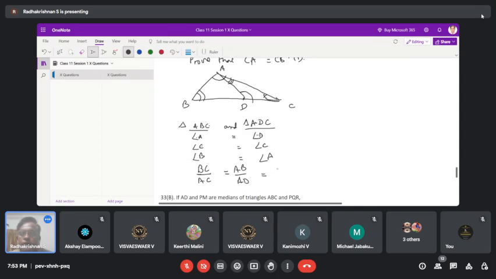Opposite to B is AC, and B is equivalent to A here, so this is DC.